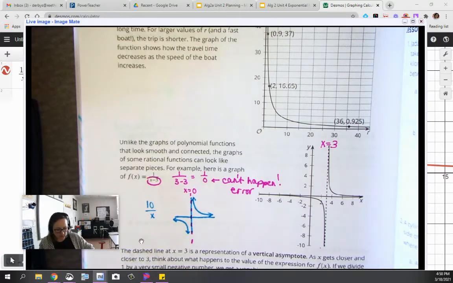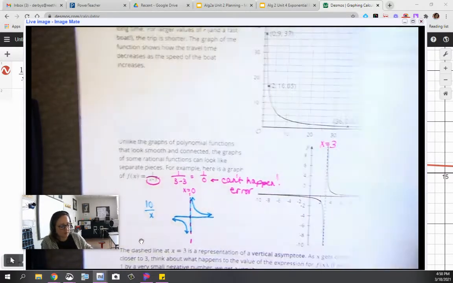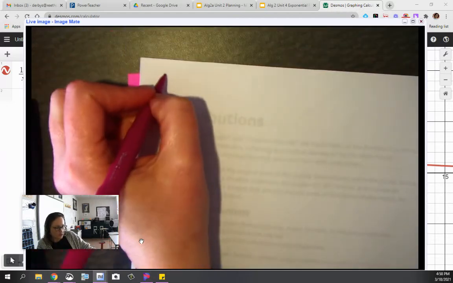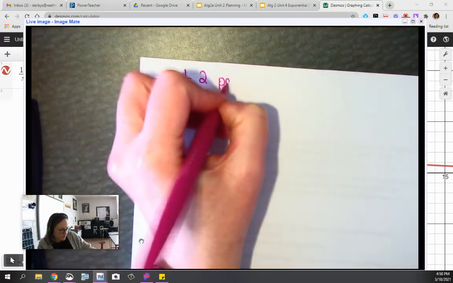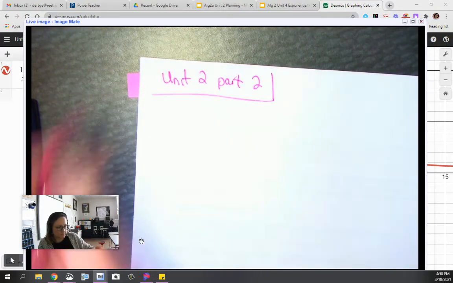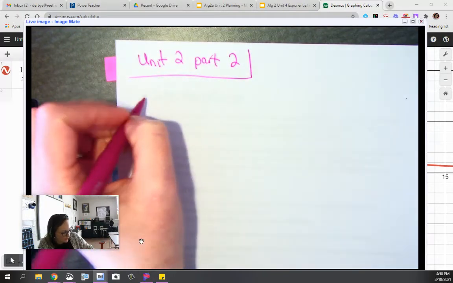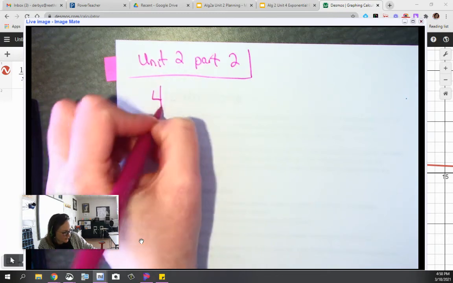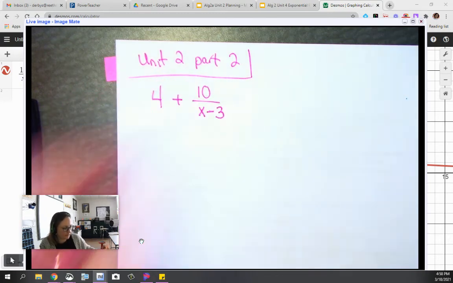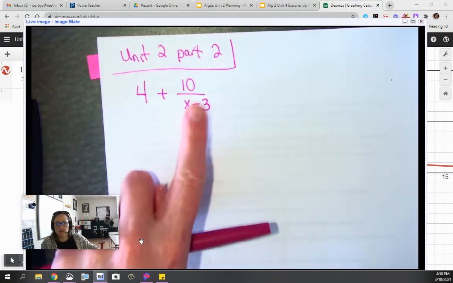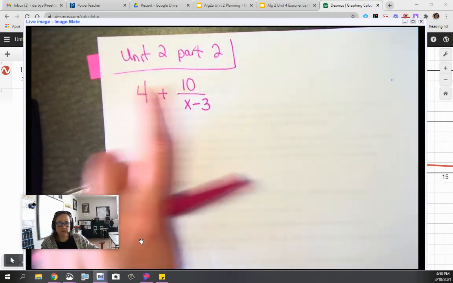Now this is such a big deal and an important idea that I'm going to start my Unit 2 final help sheet for our final test. Unit 2, Part 2. And if we have something written something like this, we're going to have whole numbers and we're going to have fractions.